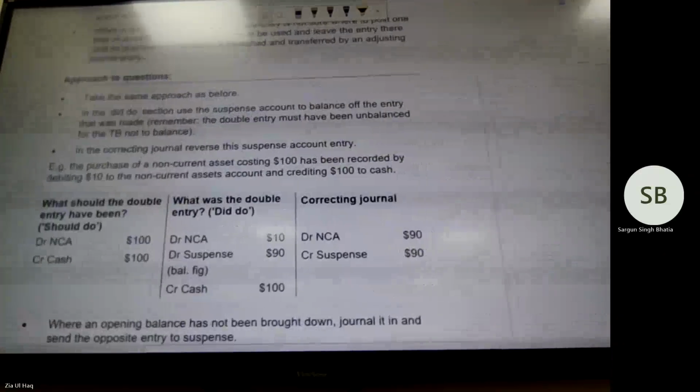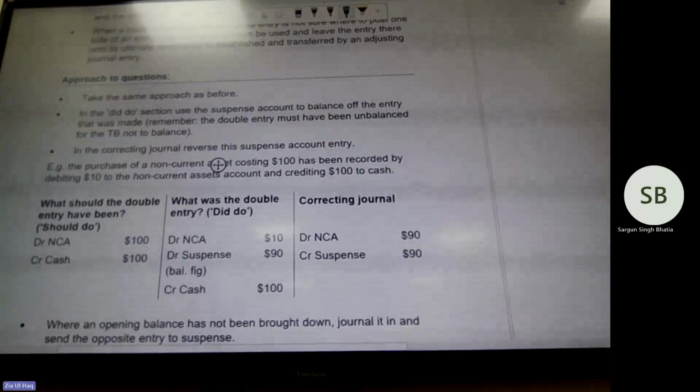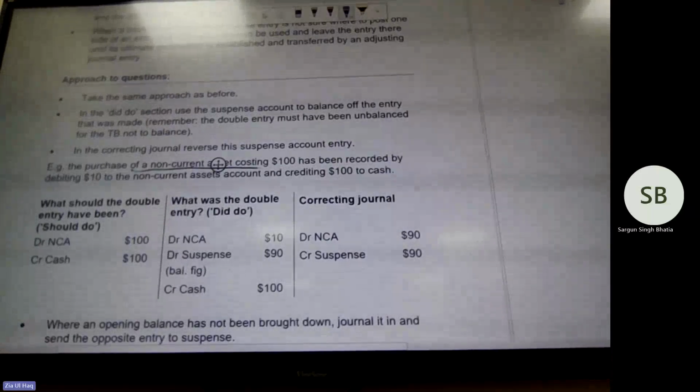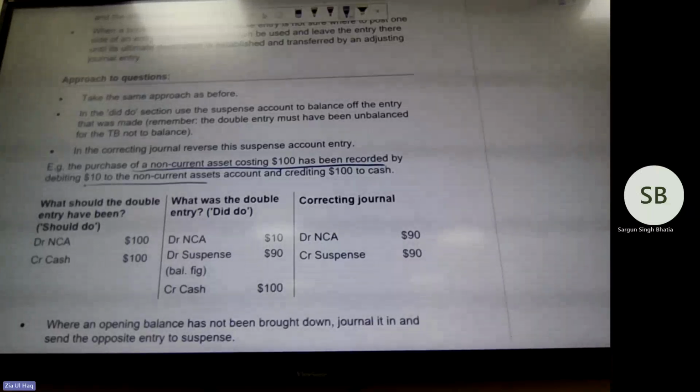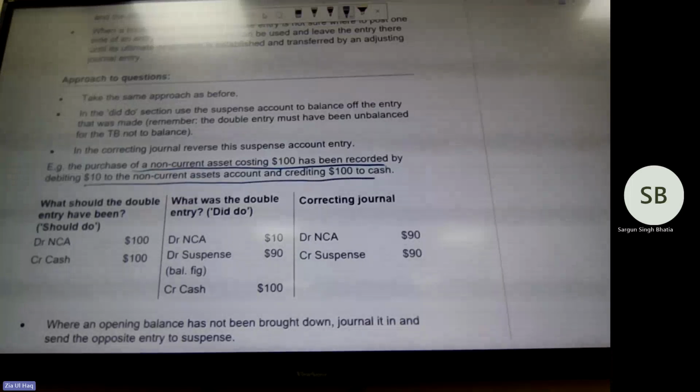Suppose purchase of a non-current asset costing 100 has been recorded by debiting 10 to the non-current asset account and crediting 100 to cash. It means you have purchased an asset with 100. What could be the right entry?